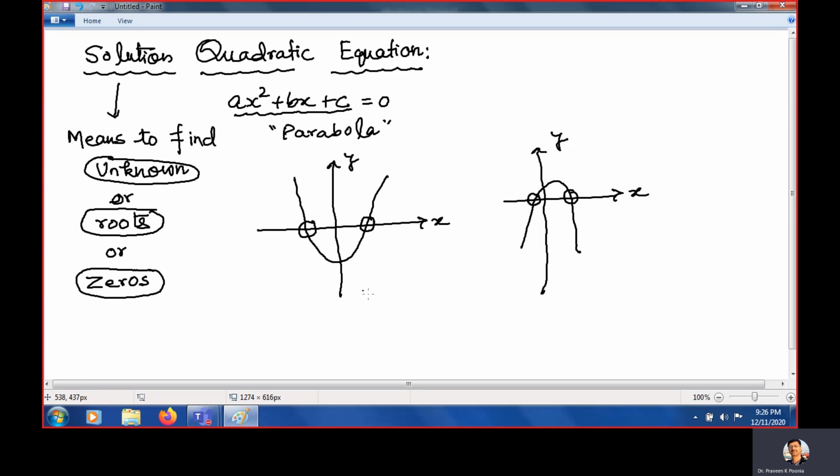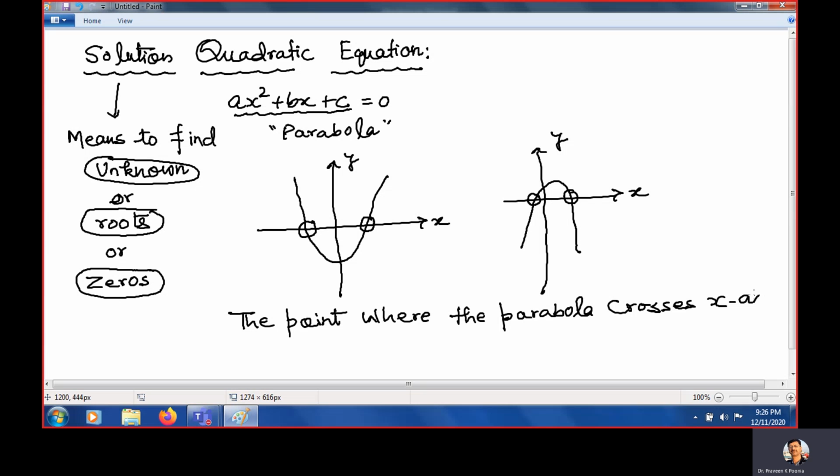These points are called, or you can say the points where the parabola crosses the x-axis are called the roots or zeros or the values or the roots of the quadratic equation.